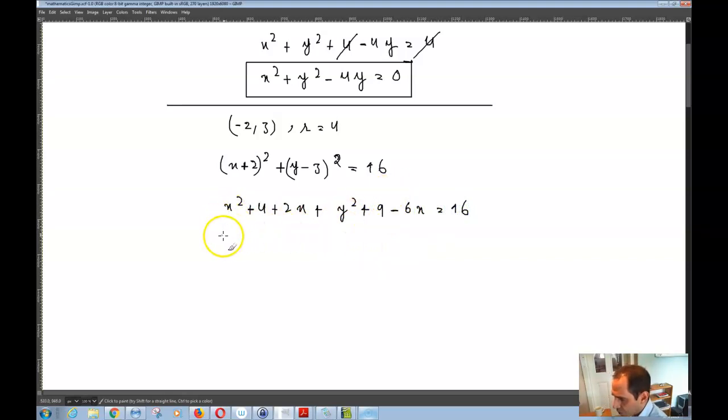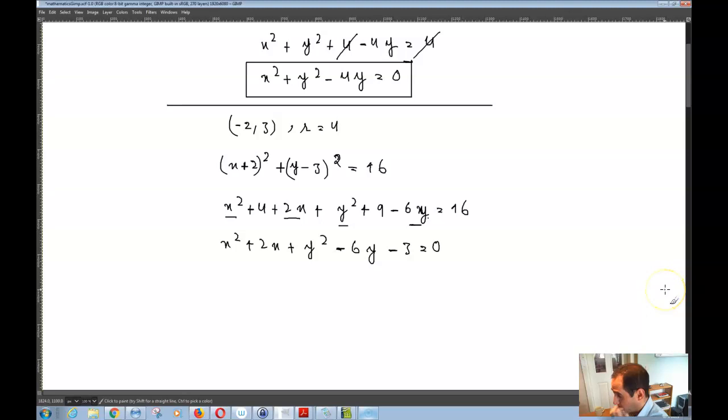So then you can write this as x squared plus 4x plus y squared minus 6y, and then here you have 13 minus 16, which is negative 3, is equal to 0.